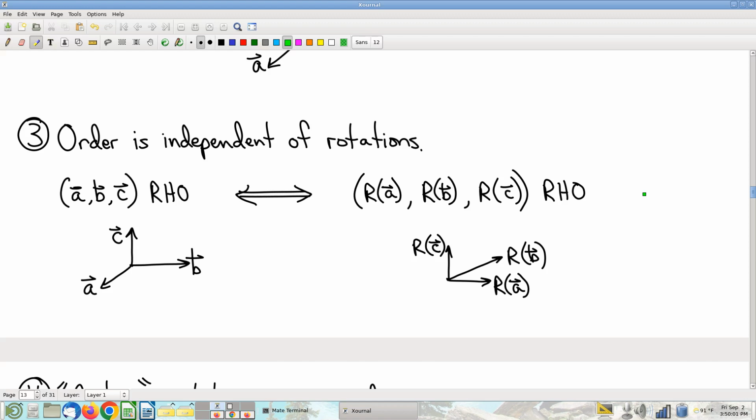So 1, 2, 3. If I rotate, it's still my right hand. Right? So I've rotated all of it. You can rotate your right hand around and it remains a right hand. You cannot rotate a right hand around and, oh my gosh, I got a left hand all of a sudden, right? It just doesn't work like that. So right hand stays right hand. So rotations don't do anything.